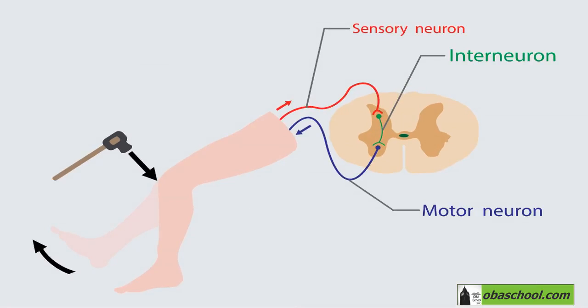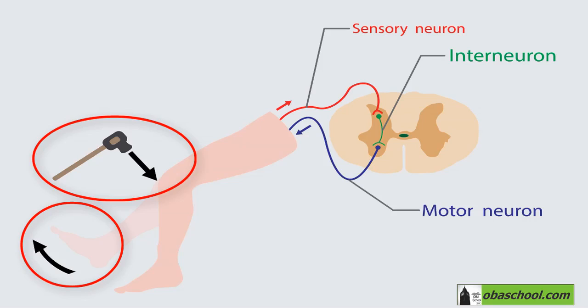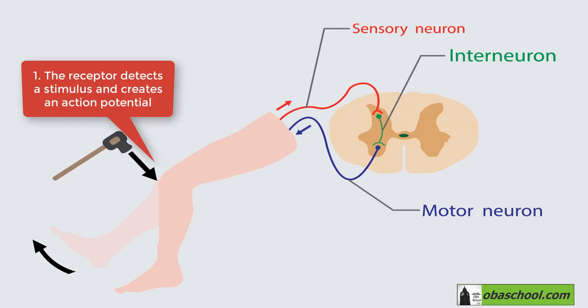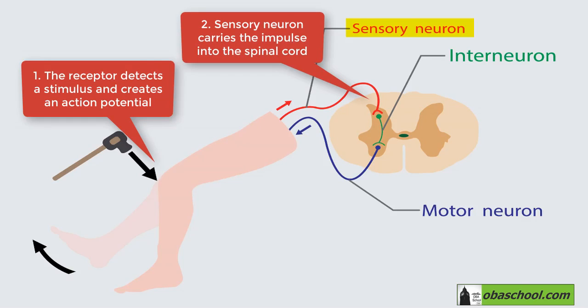Now, before we start discussing the examples, it is important to know that most reflexes follow the same steps between the stimulus and the response. What happens is that in step number 1, the receptor detects the stimulus and accordingly creates an action potential in the sensory neuron. After that, the sensory neuron carries the impulse to the spinal cord.